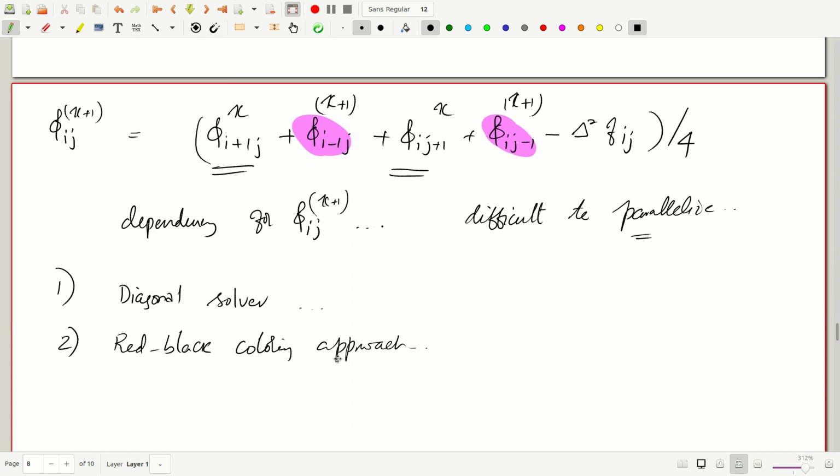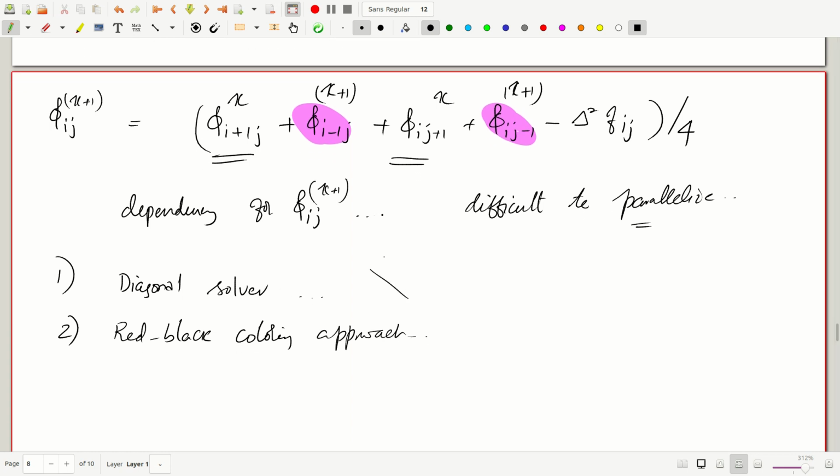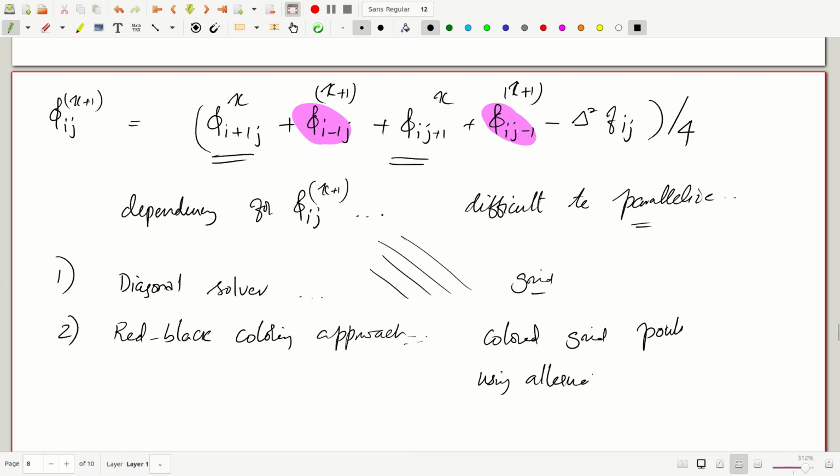So in the diagonal solver, we proceeded along the diagonals of the two-dimensional grid we have, and in the red-black coloring approach, we colored the grid points using alternate red and black colors. Okay.